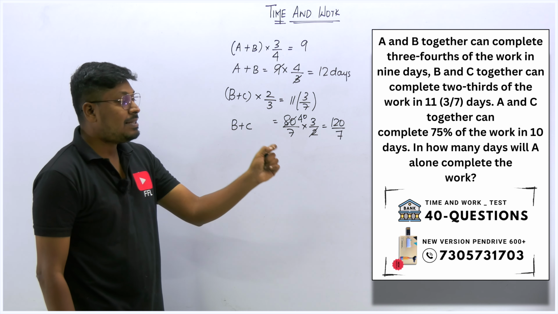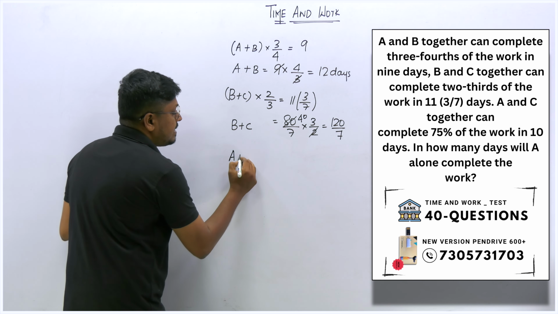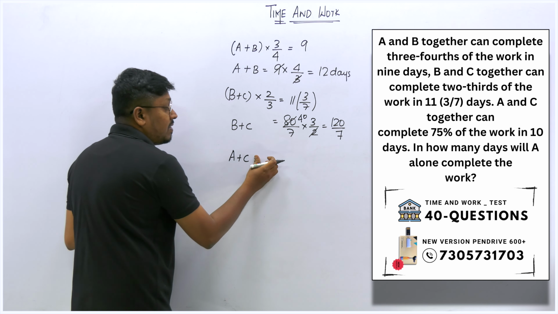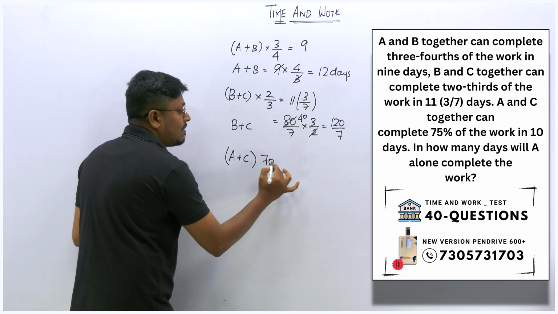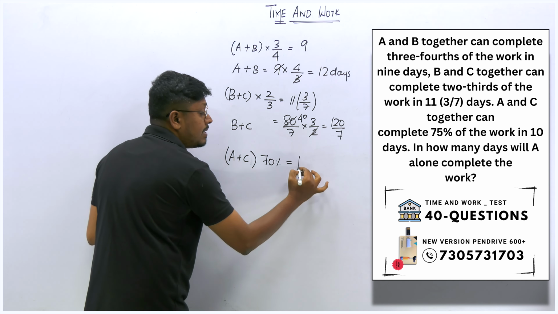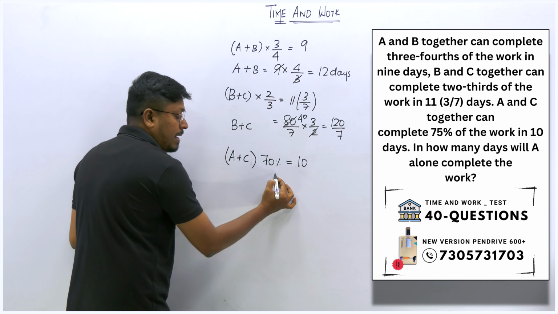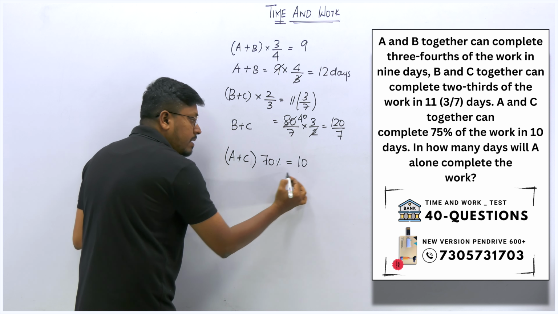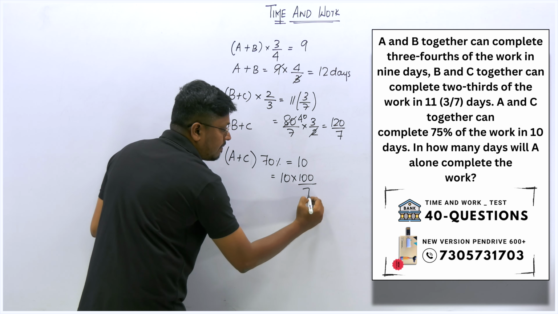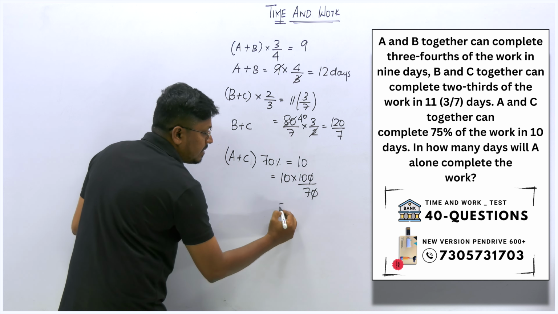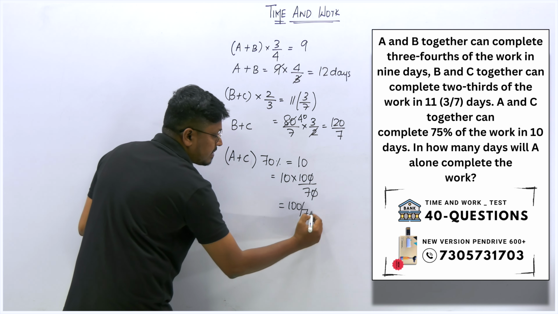The last pair is A and C. They complete 70% of the work in 10 days, so 70/100. Bringing this to the right-hand side, it becomes 100 divided by 70. Cancel the zeros, 100/7 days.